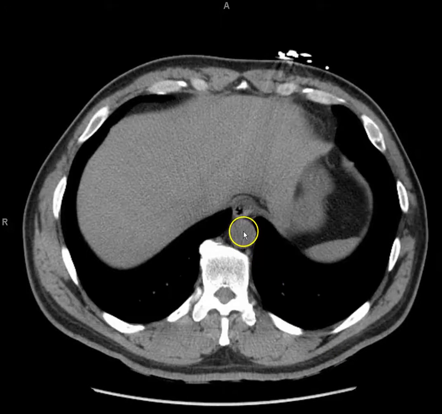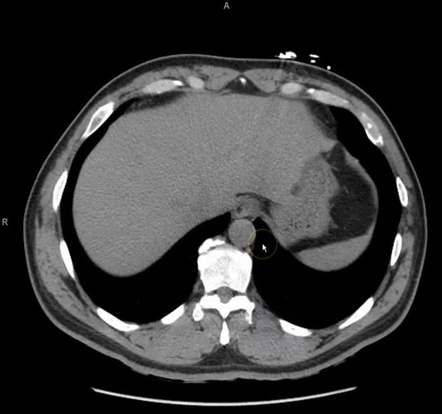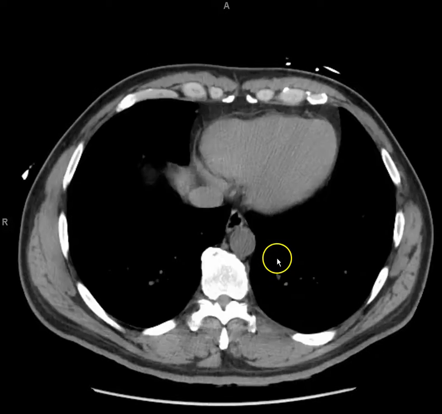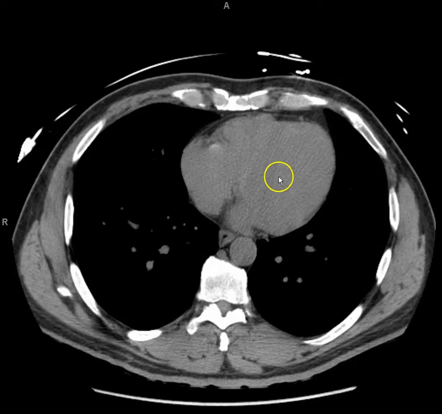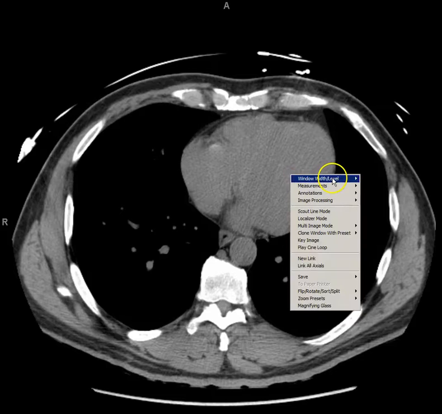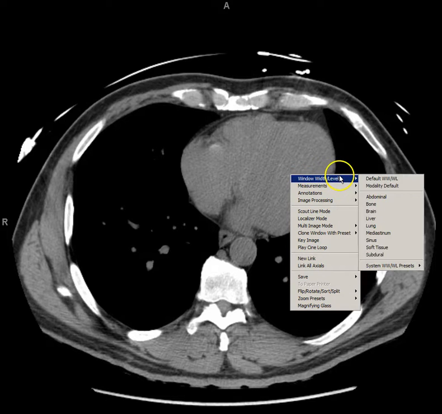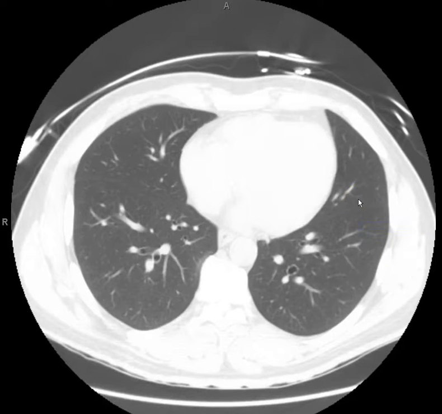This is a non-contrast scan, there's no IV contrast, so you can't see the vasculature well lit up. So you're moving down currently. Right, this is as high as the image goes. And when you look at this, you have the option to change windows, okay? There are default windows. What that does is adjust contrast and opacity.